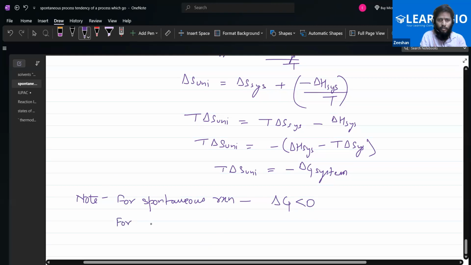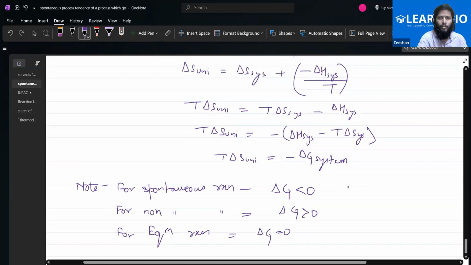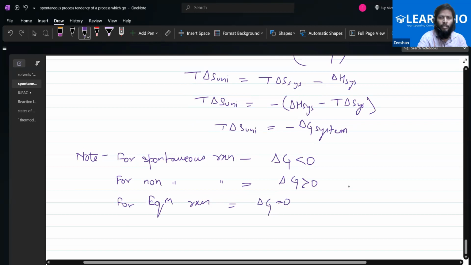And for non-spontaneous reaction, delta G will be greater than 0. And for equilibrium, same thing. For equilibrium reaction, delta G will be equal to 0.